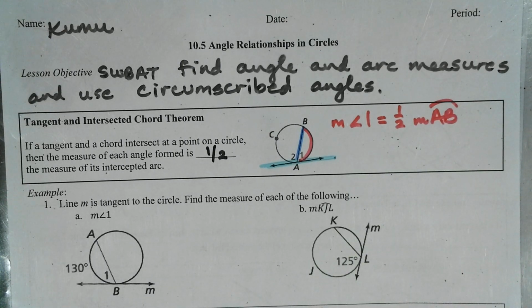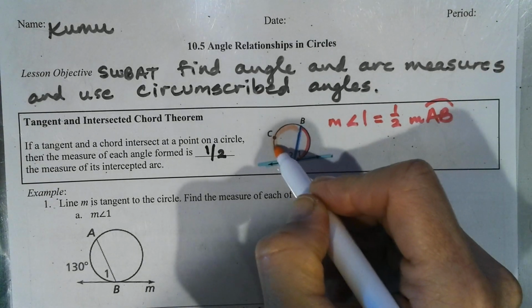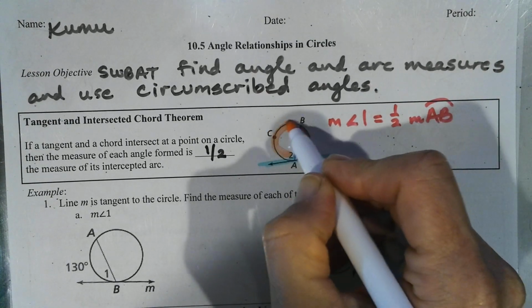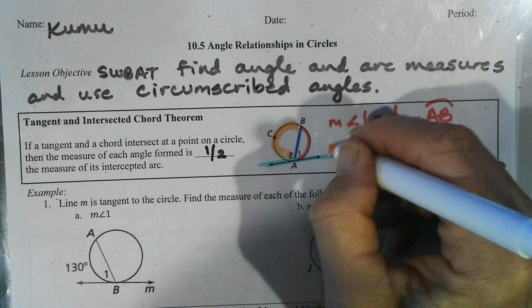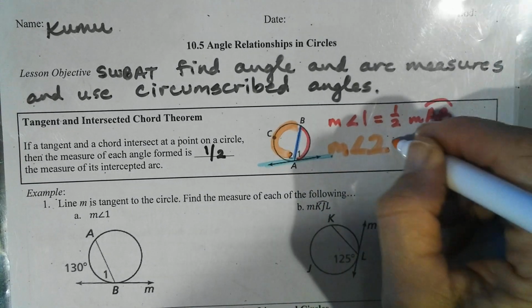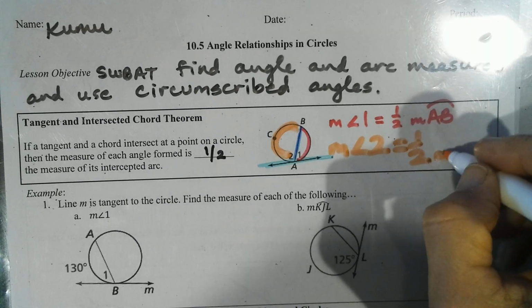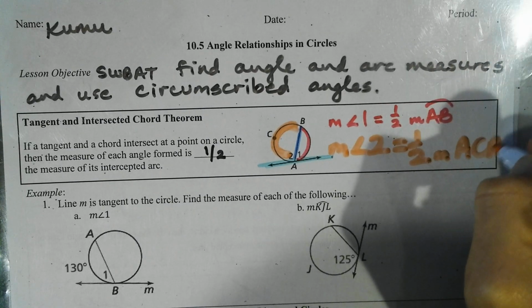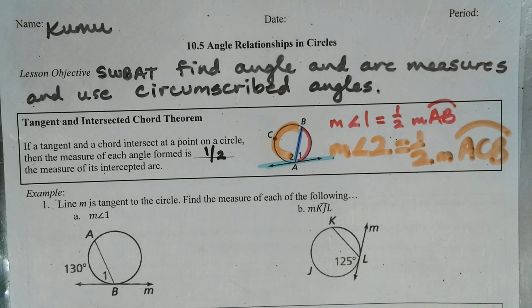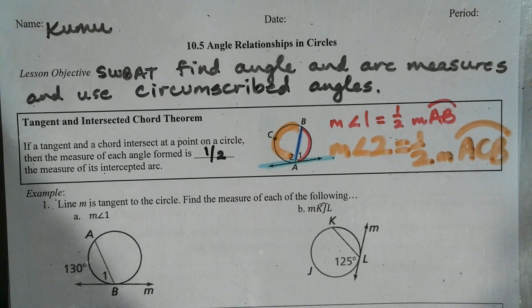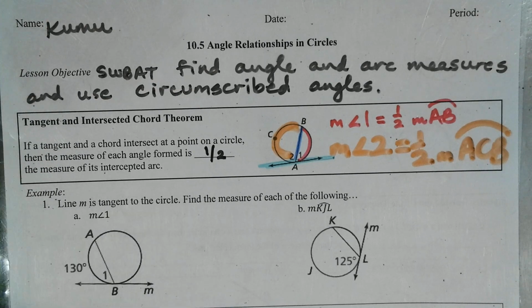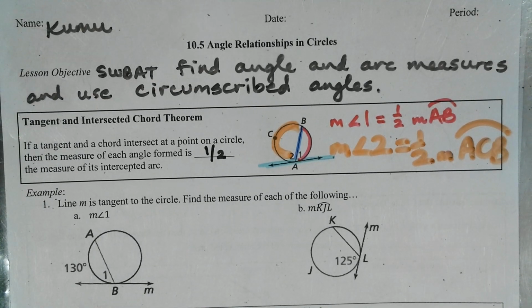But you can go further. Hope this is enough distinction. This is orange. You can also say that the measure of angle 2 is equal to 1/2 the measure of arc ACB. And so it goes both ways. Hopefully that is clear enough for you to see.